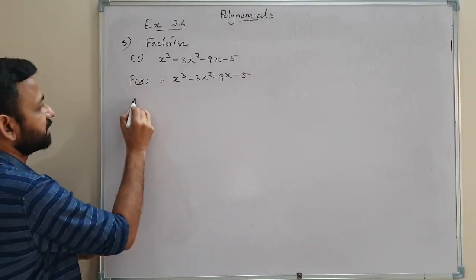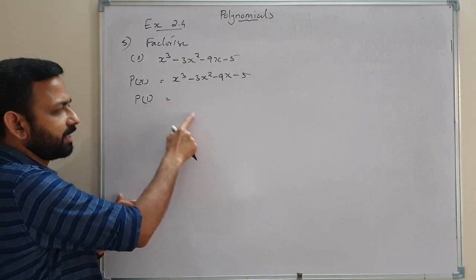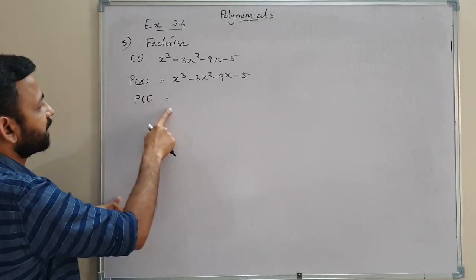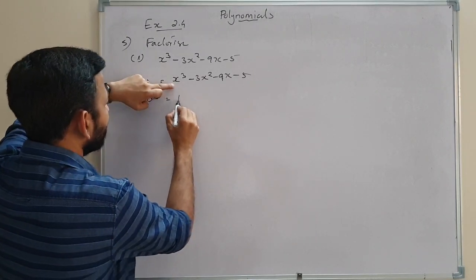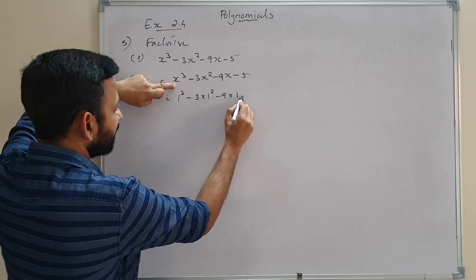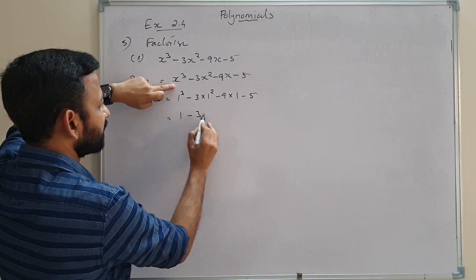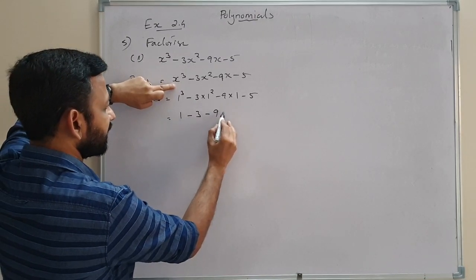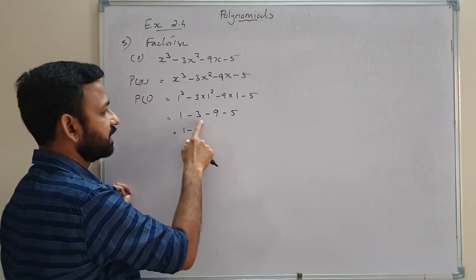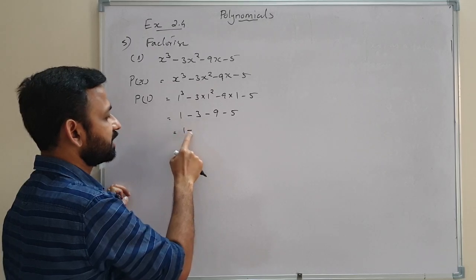So first we can try p of 1. If p of 1 equal to 0, x minus 1 is a factor. So p of 1 is 1 cube minus 3 into 1 square minus 9 into 1 minus 5. That is 1 minus 3, then minus 9, minus 5. This is a negative number. It cannot be 0.